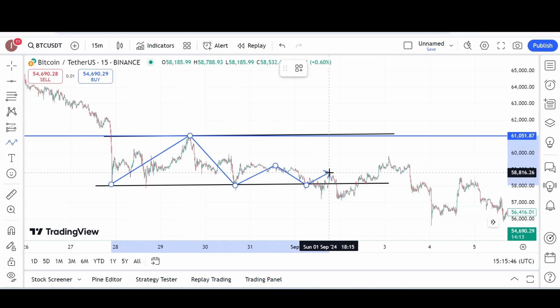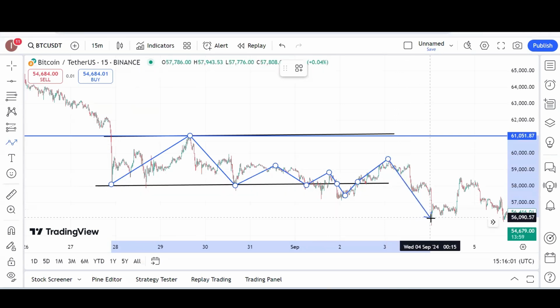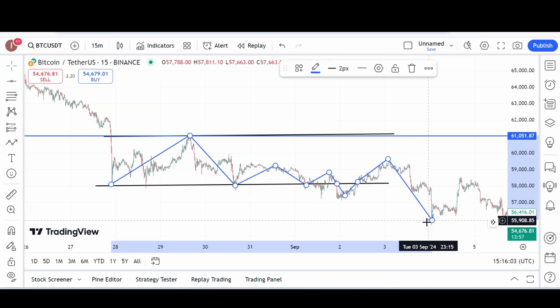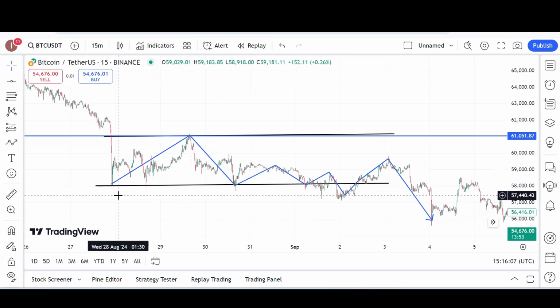Then the support level is broken and it becomes resistance. When resistance is broken, it becomes a support level. As you can see, the price bounced back multiple times.